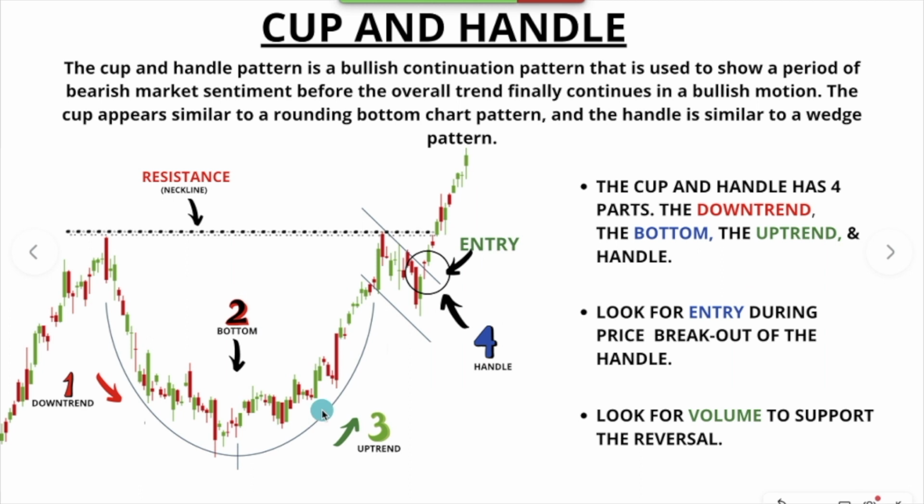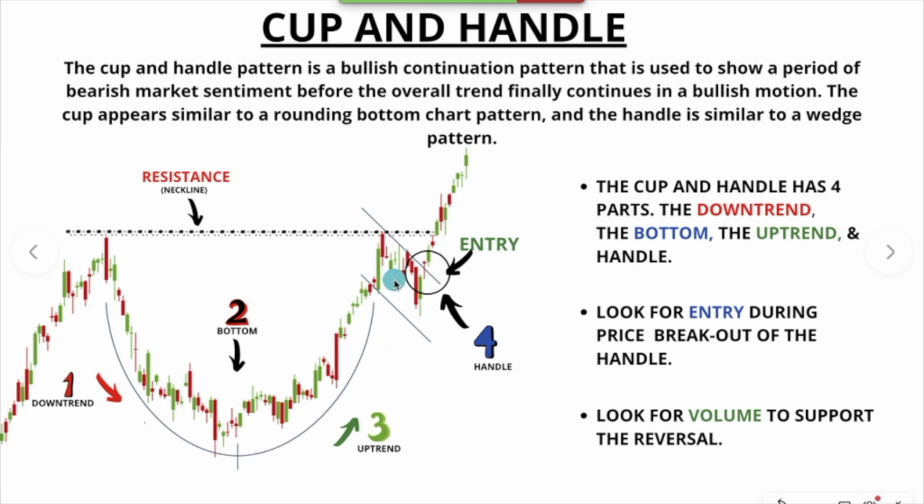That's not the safest because that is halfway through the formation. So let's say you were to enter in this area, you don't necessarily know if price is going to continue to the upside. So the best entry would be at the handle formation, when price comes all the way back here only to get rejected.